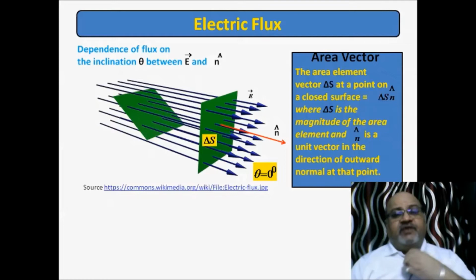Now see whether surface is charged by negative charge or positive charge. N cap is perpendicular to the area element outwardly. N cap is always outward. This is the convention. Area element is perpendicular to the surface outward direction.